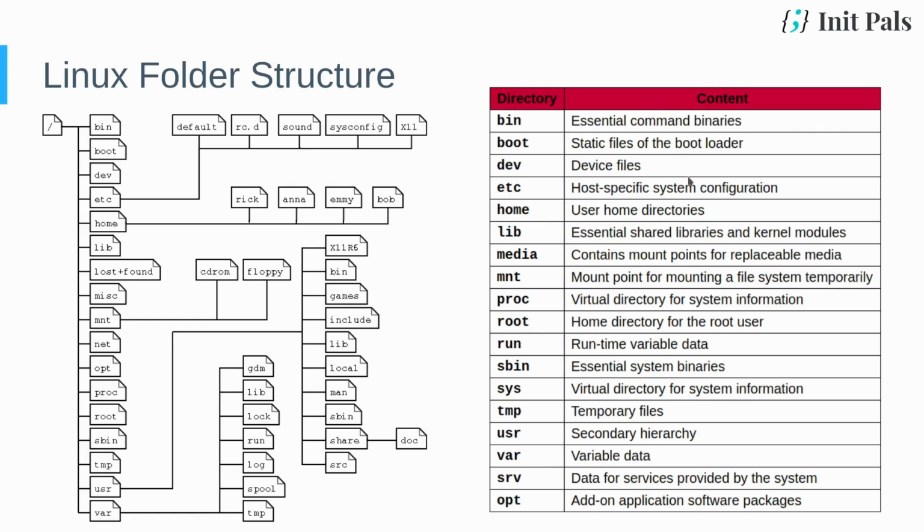The right hand side table lists some of the default folders and their purpose. To name a few, bin is the folder that contains executables, and sbin contains some system binaries. Etc is the folder that contains the configuration details, and the home folder contains the home directory of all users.